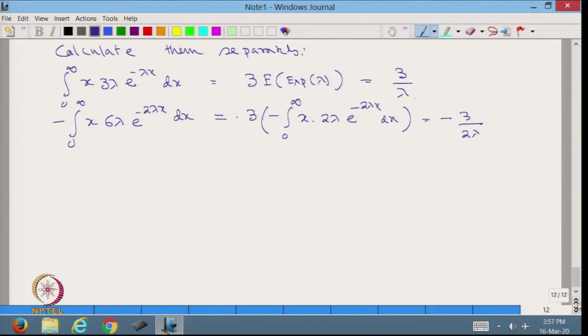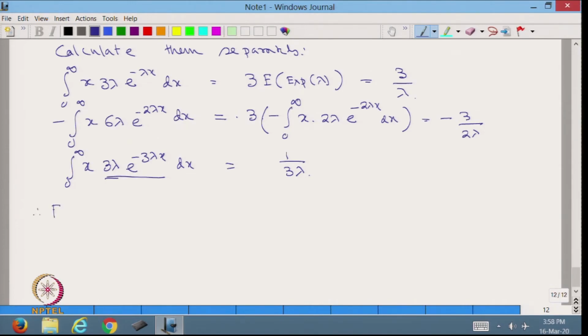And thirdly, integration 0 to infinity x 3 lambda e to the power minus 3 lambda x dx is equal to 1 upon 3 lambda, because it is the expectation of exponential distribution with 3 lambda.